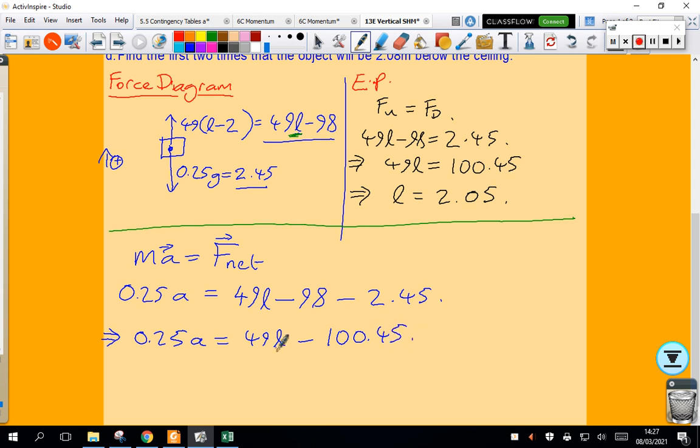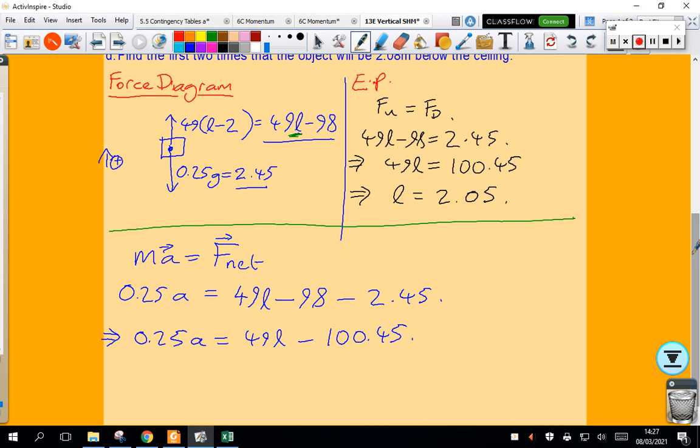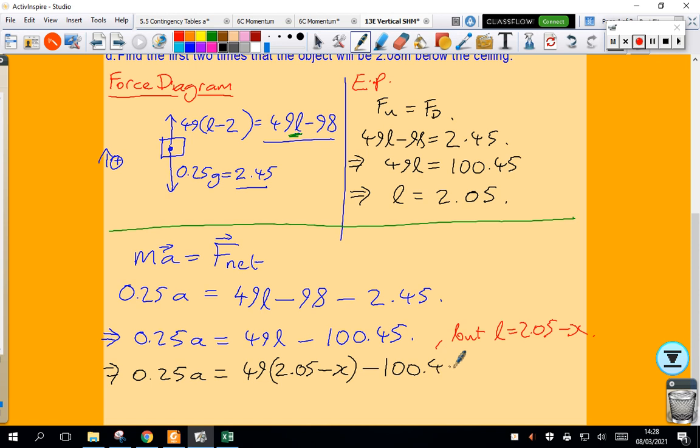So this net force depends on the actual length, but we know that the actual length is 2.05 minus whatever x is. And so we know that L is 2.05 minus x. So I'm going to just substitute that in. So I'm getting 0.25 times A is equal to 49 times the actual length, 2.05 minus x, subtract 100.45.